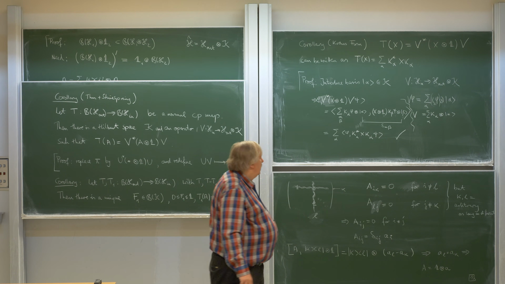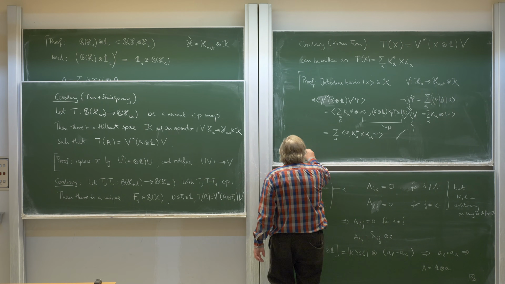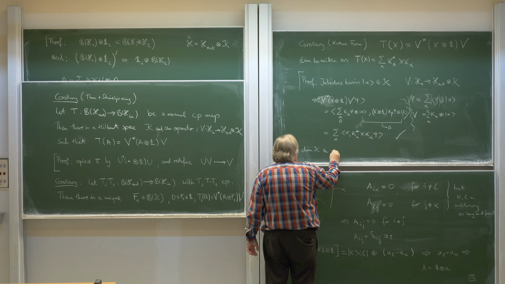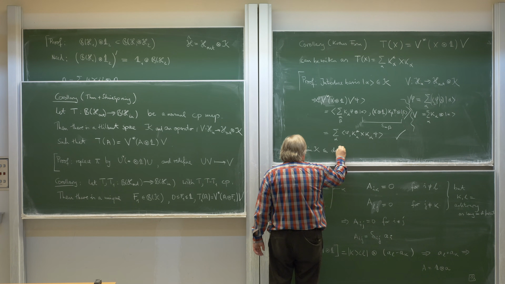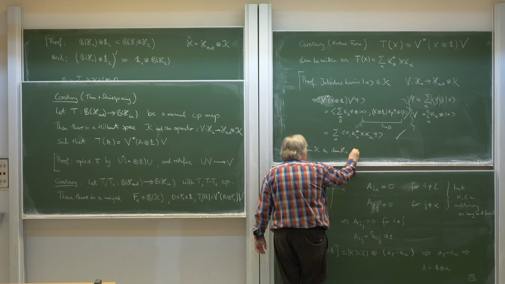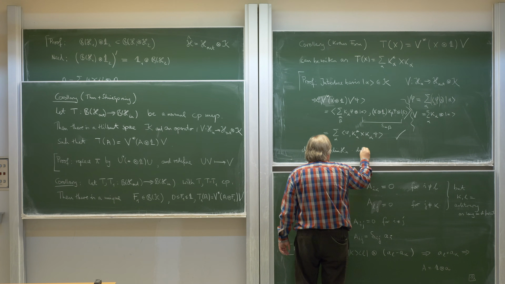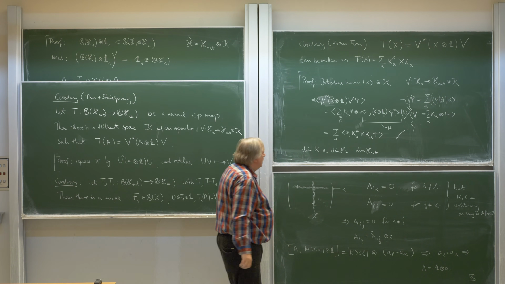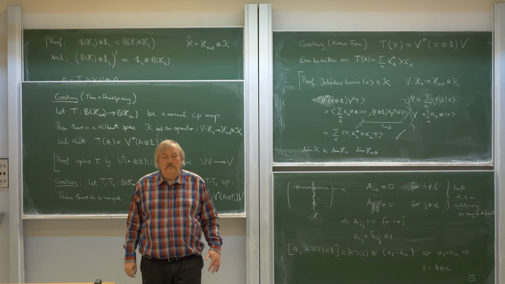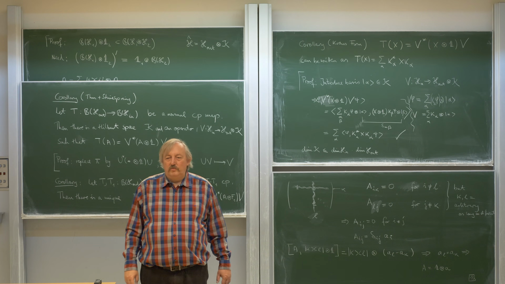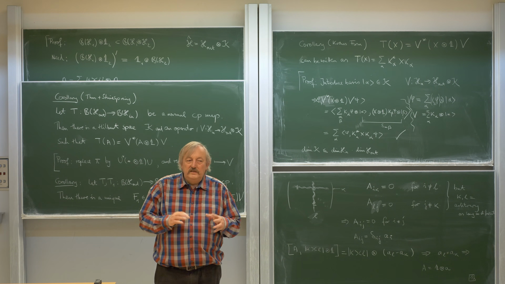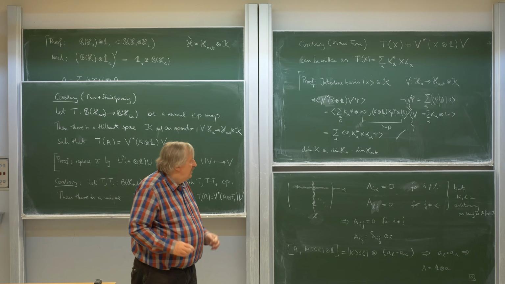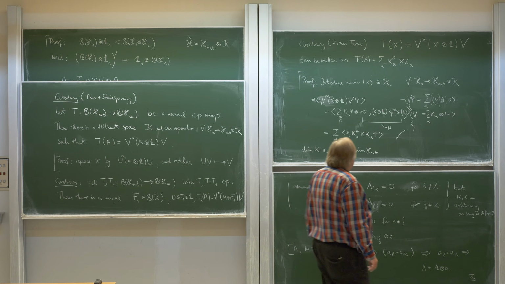So the dimension of K is less than or equal to that product, and so you can always get by with this number of Kraus operators. You can also write redundant sums of Kraus operators.